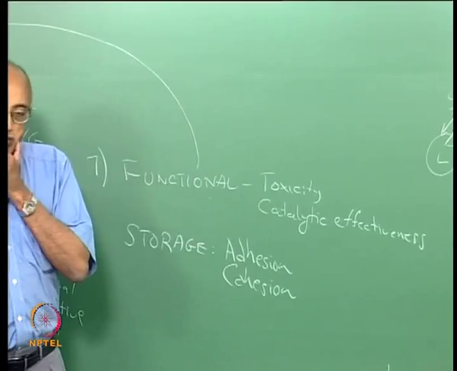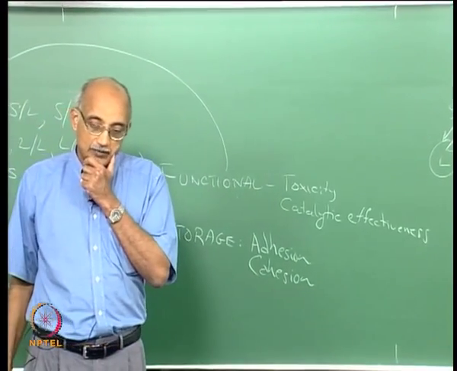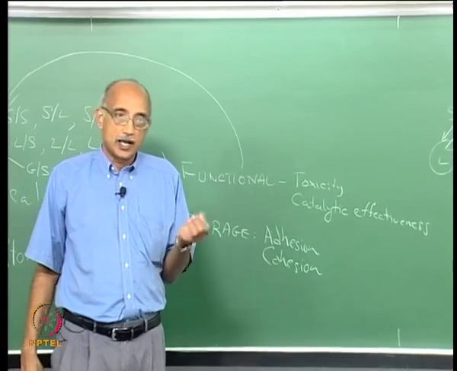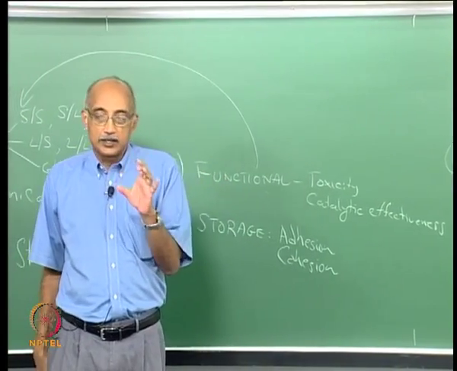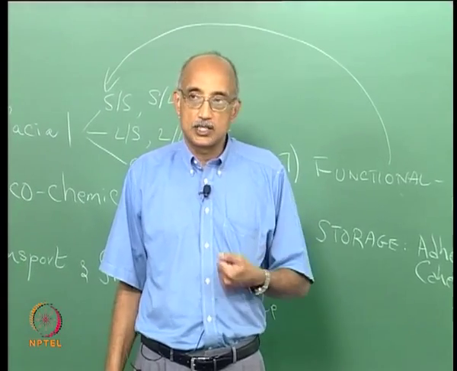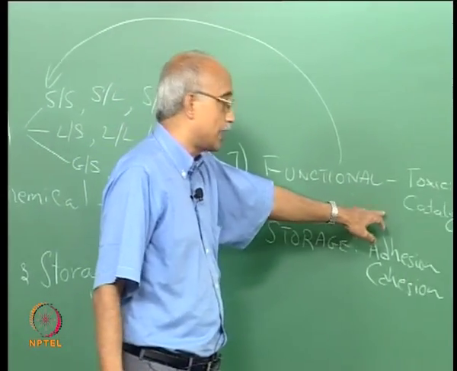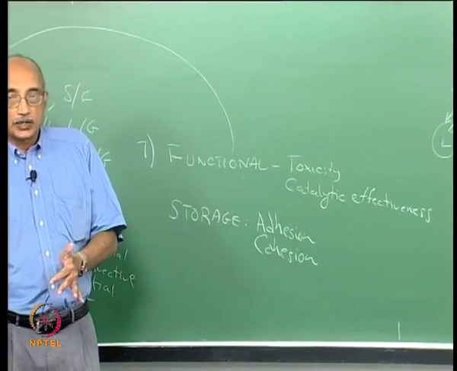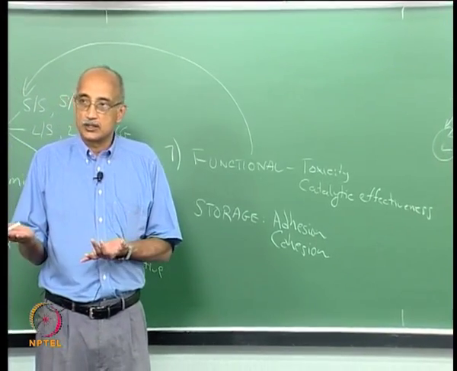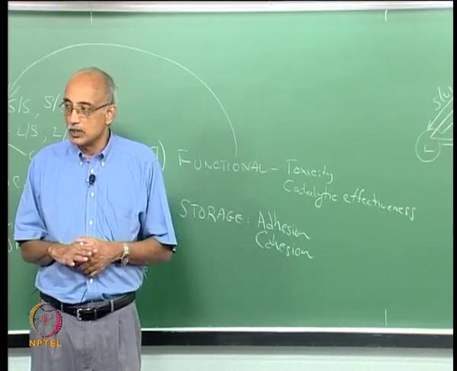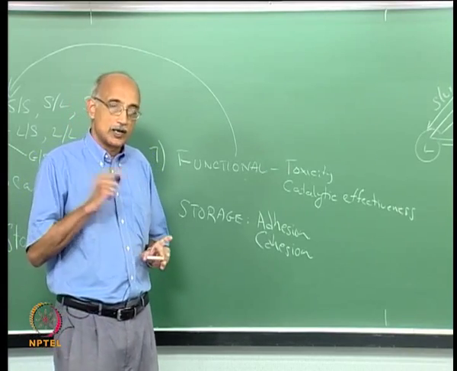Now when you talk about catalytic effectiveness, obviously it's something that is very desirable and you want to maximize it. You want to have as much catalytic activity per gram of catalyst material that you can achieve. So certainly you should characterize this, and this you do by a functional measurement. Essentially you would run your chemical reaction with and without the catalyst and look at the enhancement in the rate of the reaction, the yield of the reaction, conversion, and so on. But then what do you have to do?